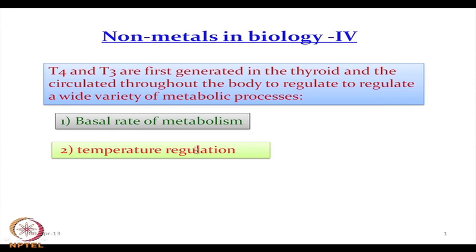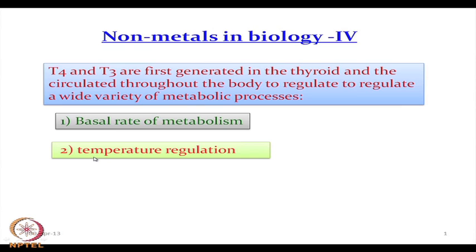Similarly, when all these biochemical reactions are taking place in our system, and the temperature goes from one state to another, a 1 degree or 2 degree rise in temperature also changes the rate of the metabolic reaction.